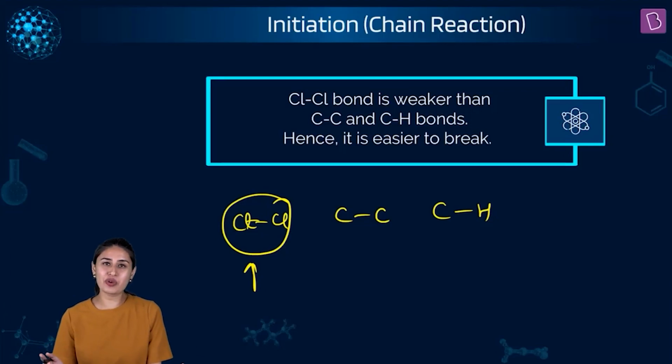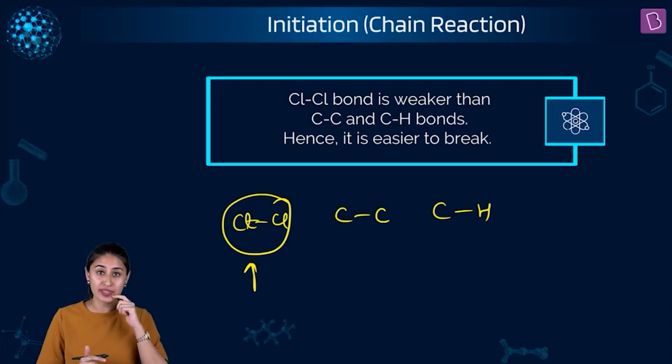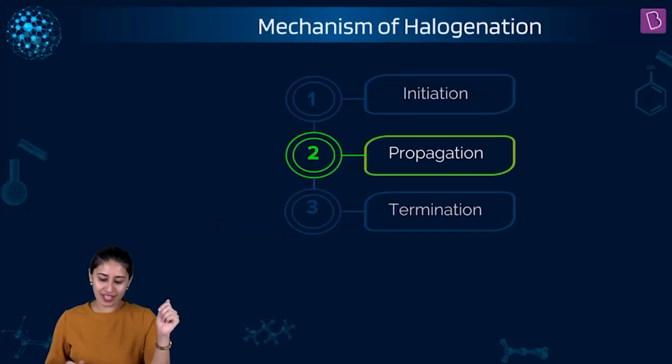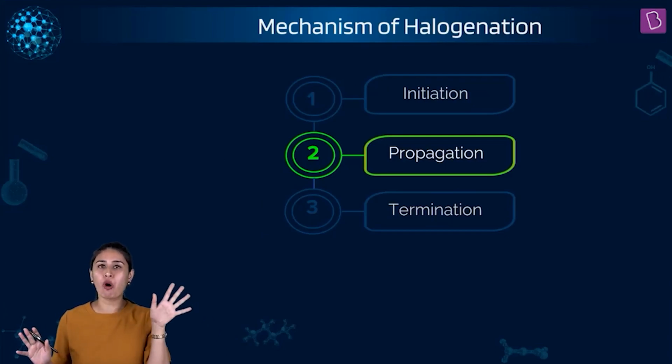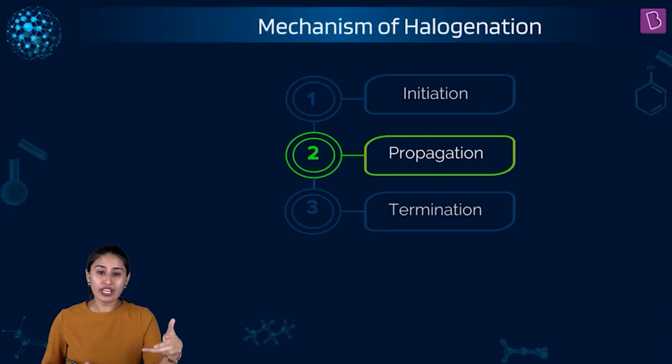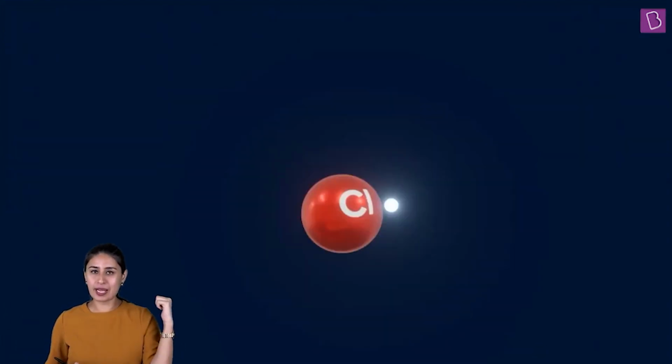Now that we have chlorine free radical formed, there is going to be havoc. So let's now see the propagation step. We know that chlorine free radicals have been formed, right? What after that? Propagation. So the second step of the halogenation mechanism, see what's happening. We have a chlorine free radical.